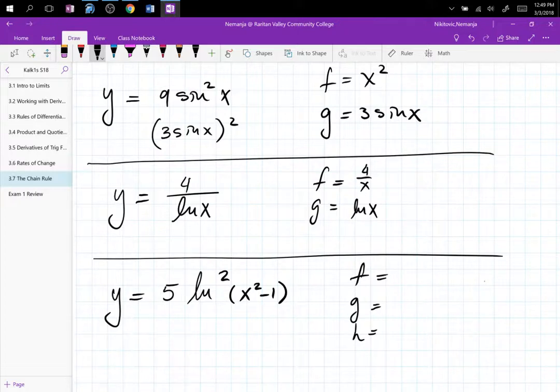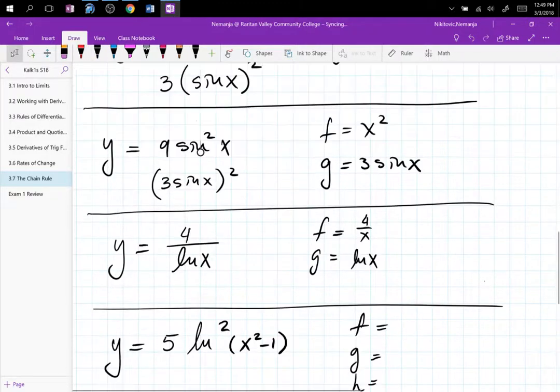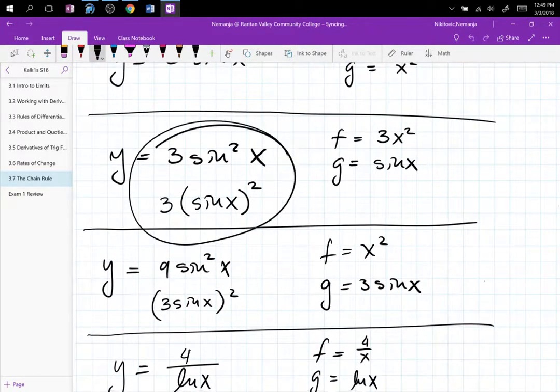What would be the most outer function to consider? 5x squared. ln follows the same rule as trig, where I can write ln squared as ln x, everything squared.